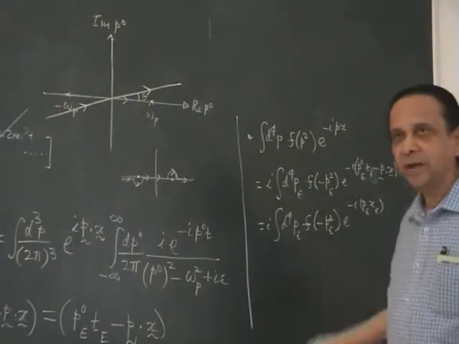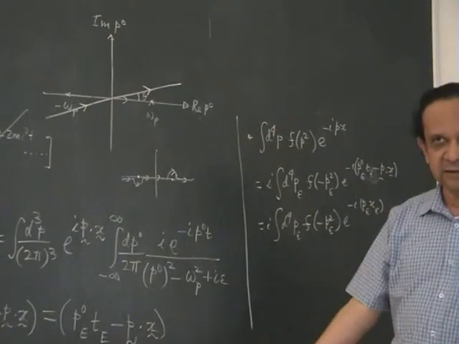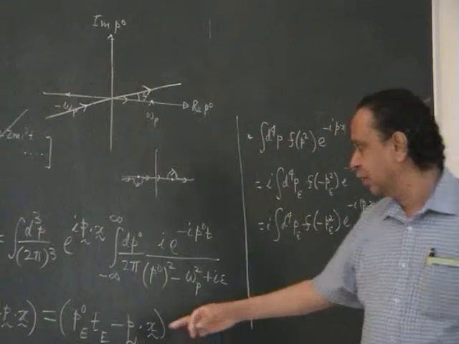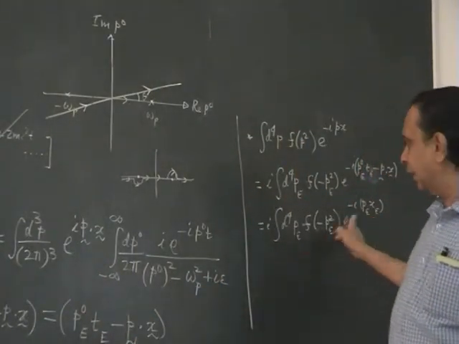So this is what you would have normally written down, because you would have said that in Euclidean space all the signatures are positive. So I should have got p naught e t e plus p dot x, that is what is going to be here, and everything.